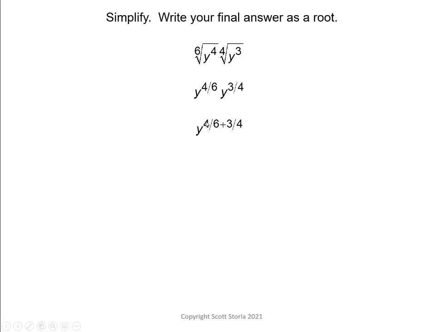I'm going to multiply the first fraction by 2/2, and the second by 3/3. Now when I add, I'll get 17/12. I'll write back to radical form. Then 12 goes into 17 once, so 1 factor of y will be outside with a remainder of 5, and so that will be the exponent on the base of y in the radicand.